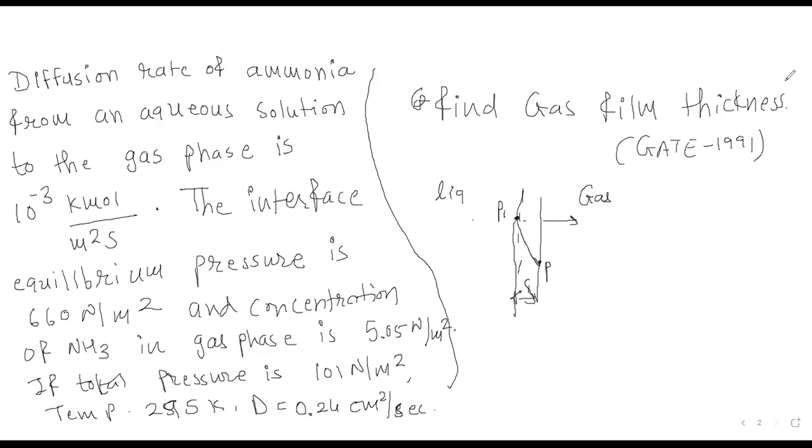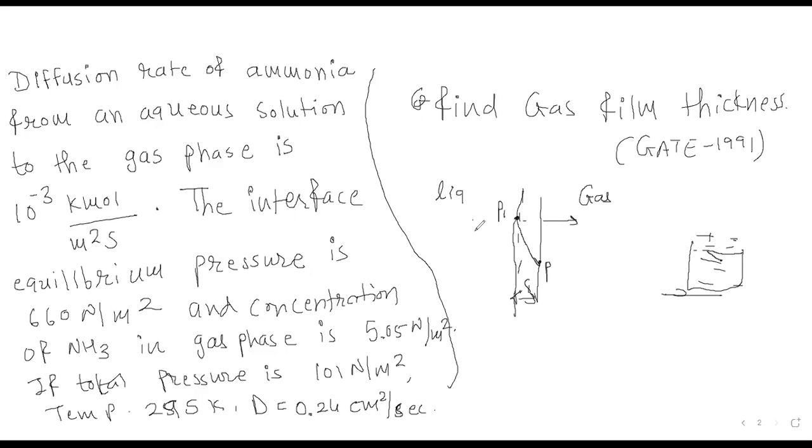What is the gas film? For example, the liquid is stagnant here. The gas is flowing around it. So there is a boundary layer between the gas film and the liquid film.